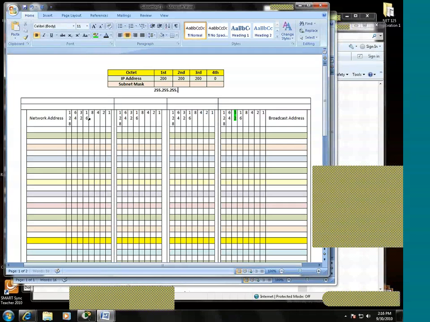So we're using 27 ones, right? So the first 8 will create 255, the second 8, 255, the third 8, 255, and what about the last octet? 224.